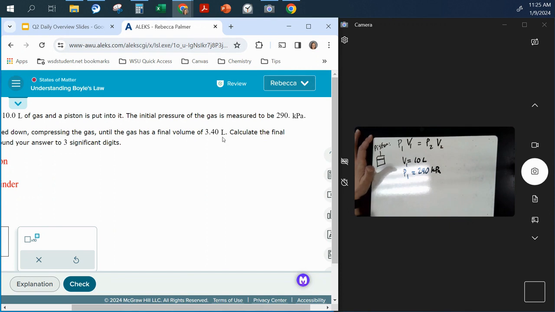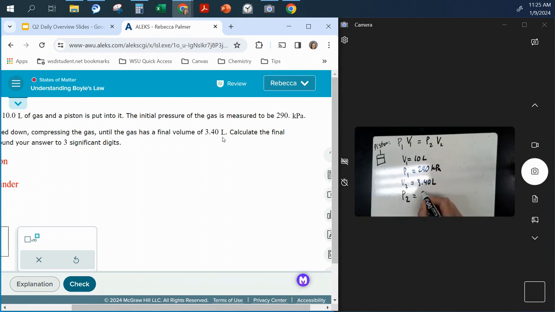Final volume, volume 2 is 3.4 liters. Okay, so what happened to our volume? It went down kind of a lot. So what should we expect our pressure to do? It should go up. Good. So pressure should go up with volume going down. Okay, so we can just make sure that happens, all right?